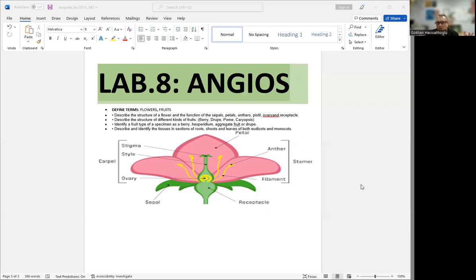Petal is the colorful part of the flower, like yellow, white, orange, red, which is either bird pollinated or insect or bee pollinated. And then stamen is the male part of the flower, and carpel is the female part of the flower. It's at the bottom, and has also ovary and ovule. Ovary later becomes fruit. Ovules later become seeds of the plant.